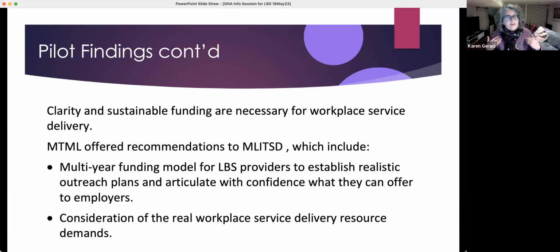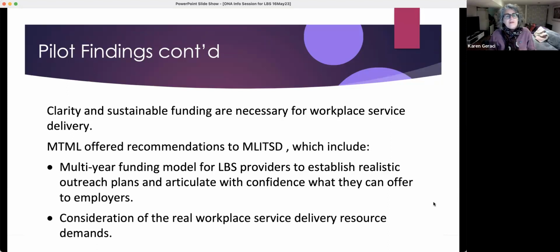It's great if we're offering organizational needs assessments, but if those are going to be followed by workplace service delivery and there's going to be potentially funding associated with that, we need to know that in advance so we can communicate that during that organizational needs assessment process, or even just during outreach when we're talking to employers about what services we are able to offer as LBS providers.